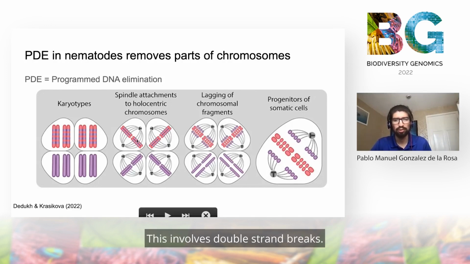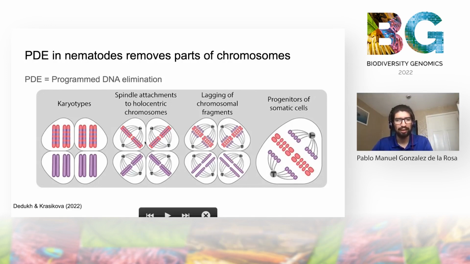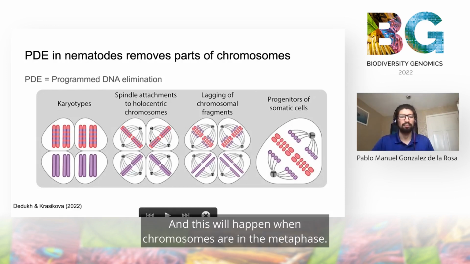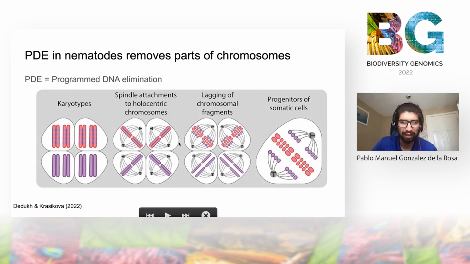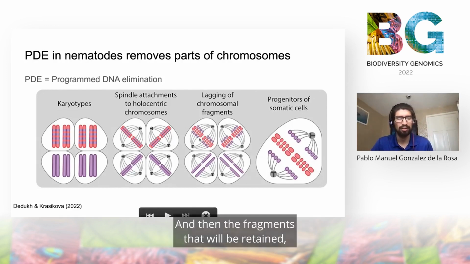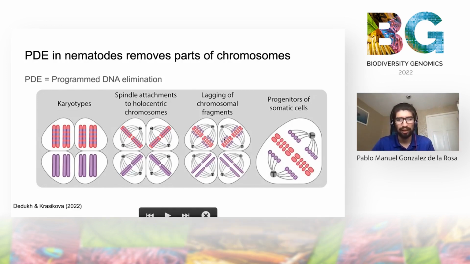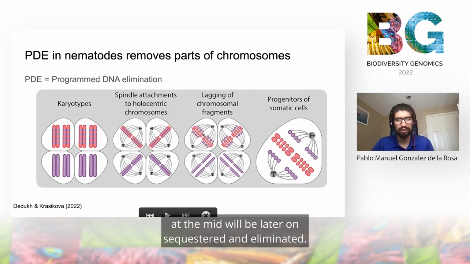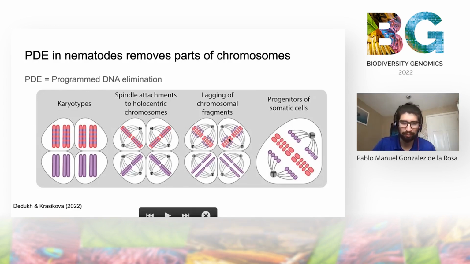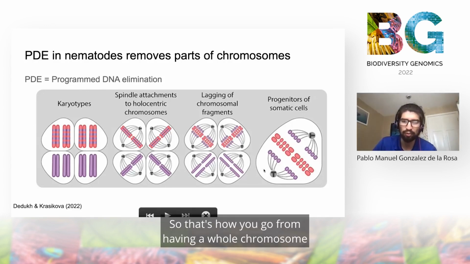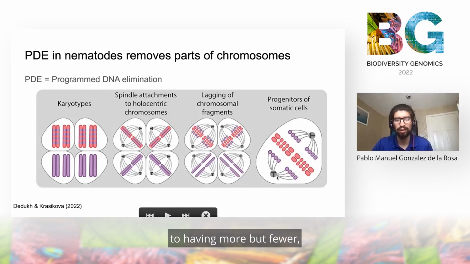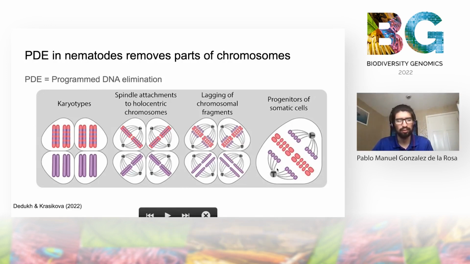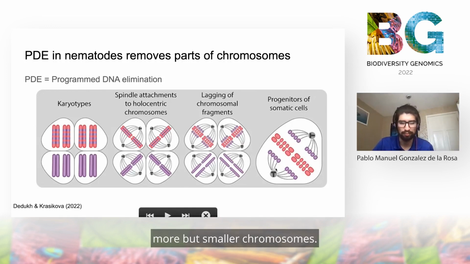This involves double-strand breaks, which happen when chromosomes are in metaphase, and the fragments that are retained will be the new chromosomes. The DNA that is left at the ends will later be sequestered and eliminated. So that's how you go from having a whole chromosome to having more, but smaller, chromosomes.